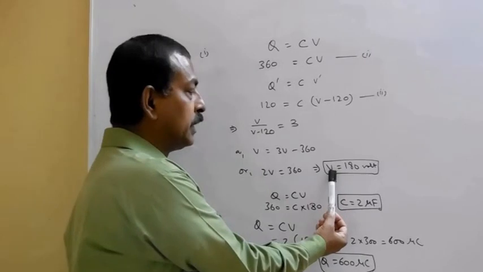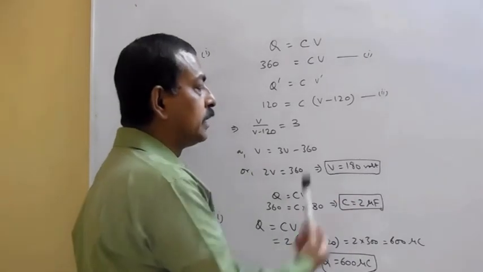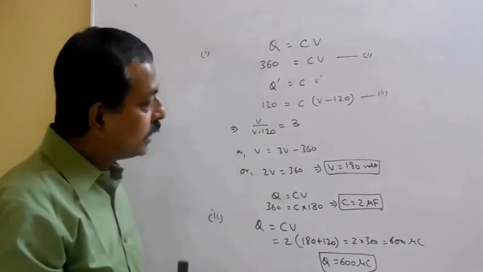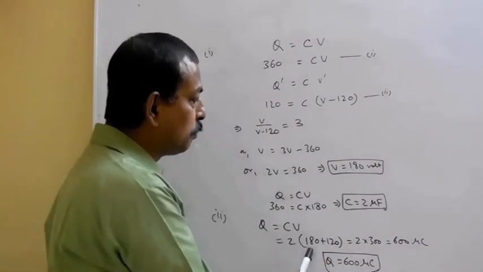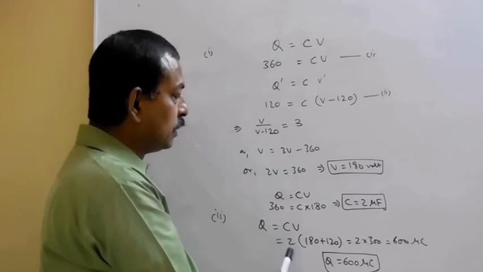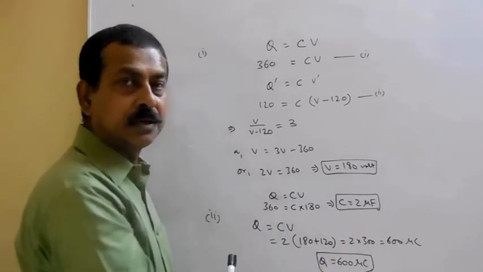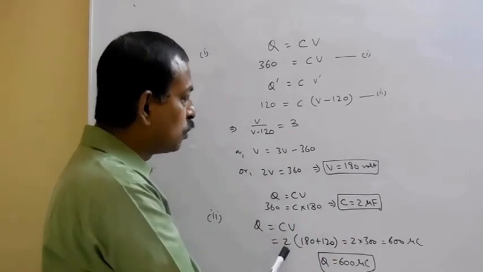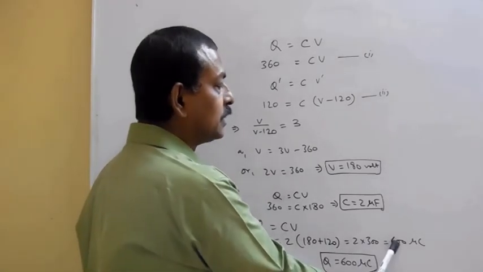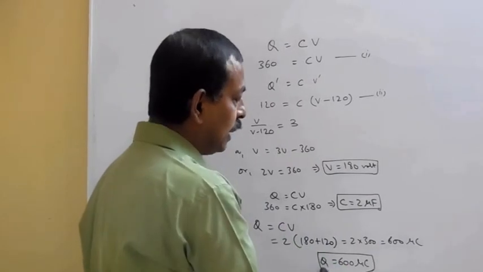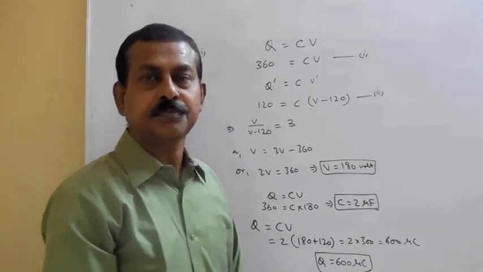Remember, we derived the voltage as 180 volt, so the new voltage now will be 180 plus 120. The capacitance value we have already obtained, it is 2 microfarad. So it is 2 into 300, that is 600 microcoulomb, and that is the answer.